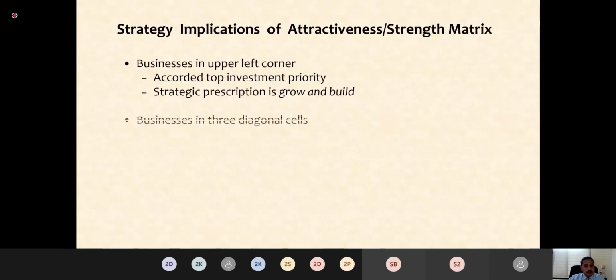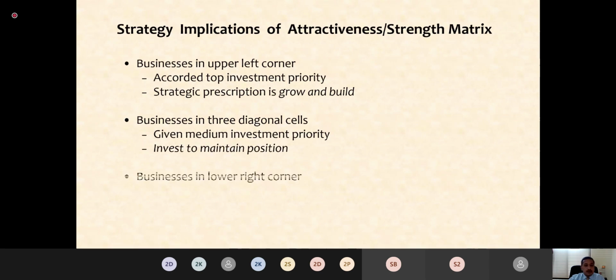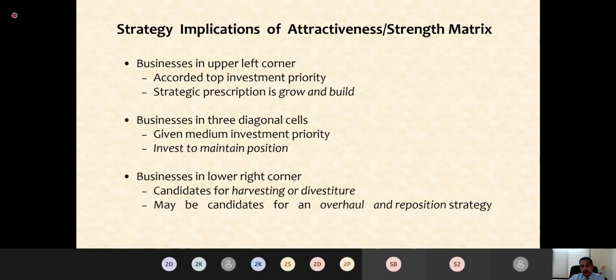So it is accorded top investment priority, and the strategic prescription is grow and build. So we can advise to grow and build the business by giving it top investment priority. We can have as much investment as possible in those kinds of businesses.